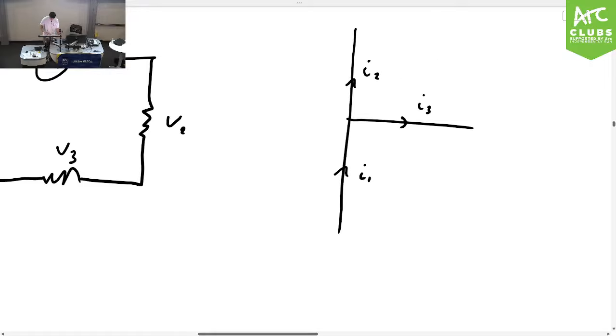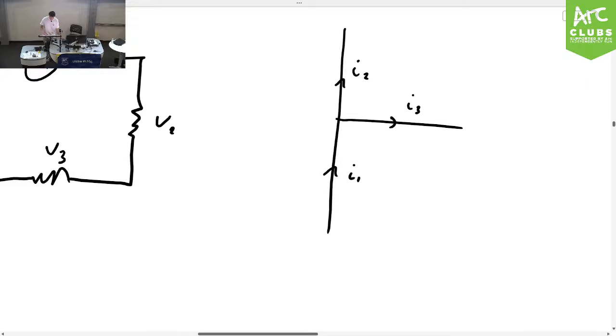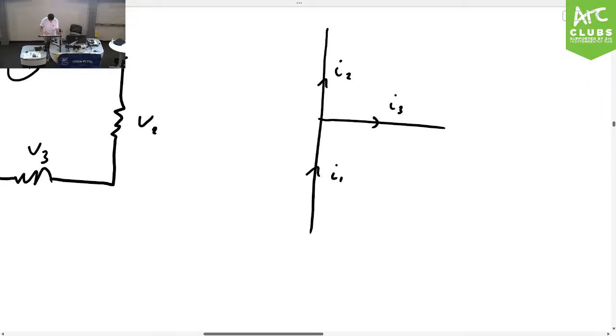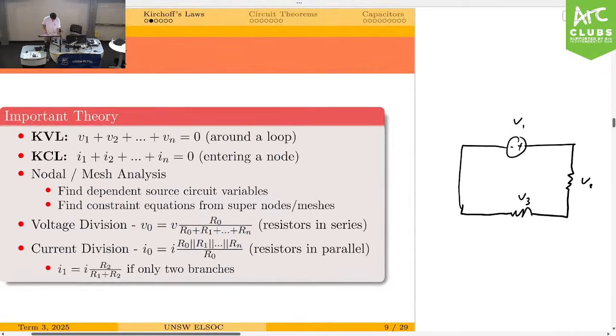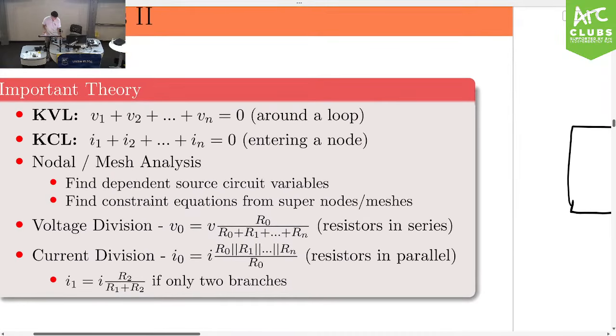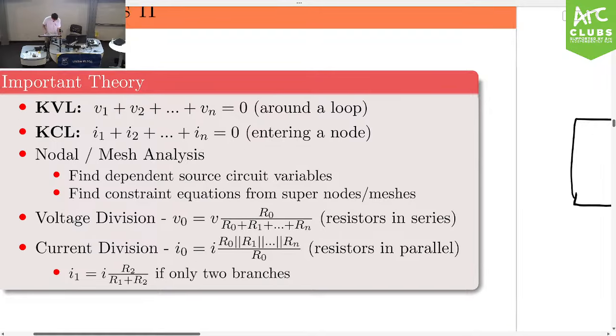The current that enters the node is equal to the current that exits the node. So in this case, I1, which is entering, is equal to the sum of I2 and I3, because these two are leaving the node. Okay? And then we can use KVL and KCL to do nodal and mesh analysis. I'll cover that in some examples later.